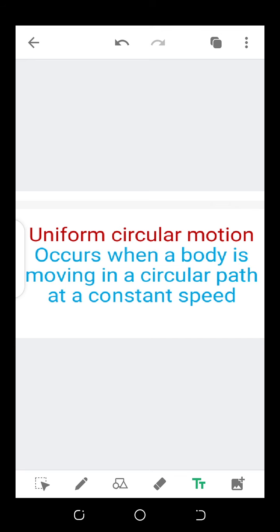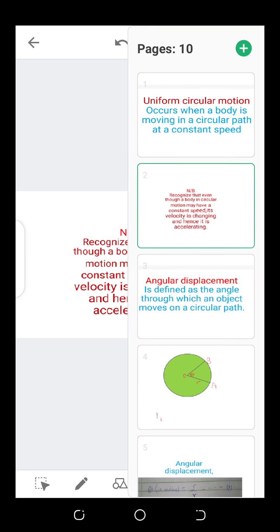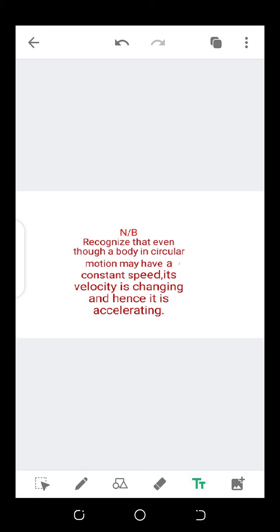Now, I wanted us to have a note that uniform circular motion occurs in bodies that are moving at constant speed. Constant speed here does not necessarily mean that the acceleration is zero. From linear motion in Form 3, acceleration is gotten as final velocity minus initial velocity, divided by the time taken.